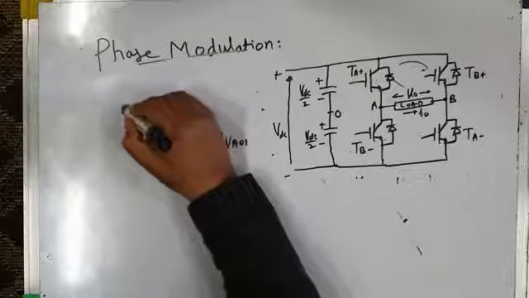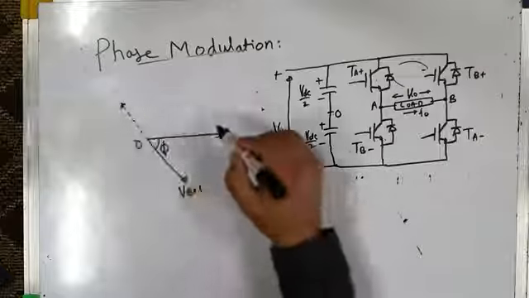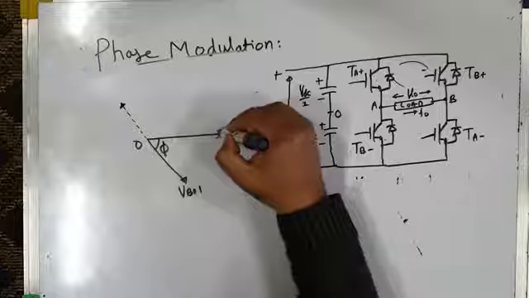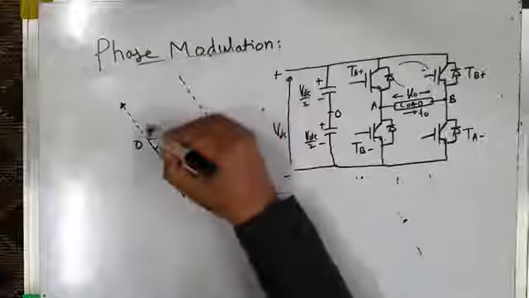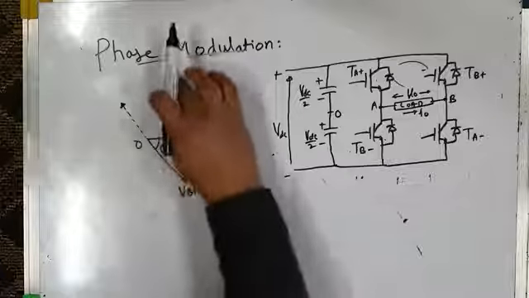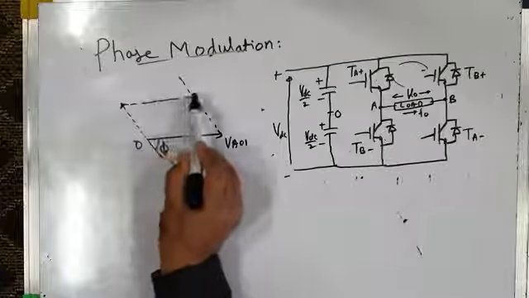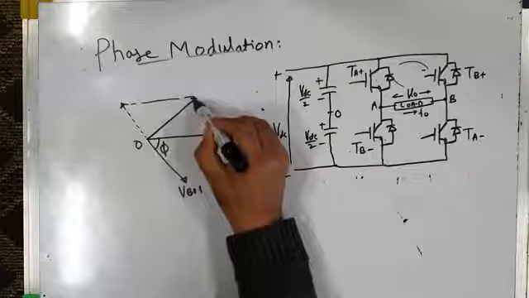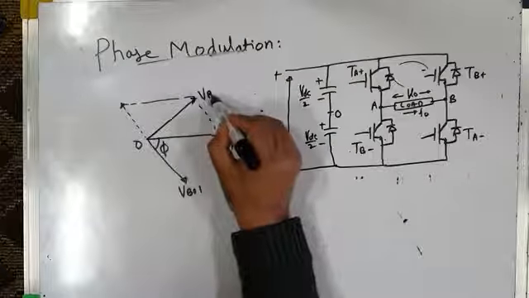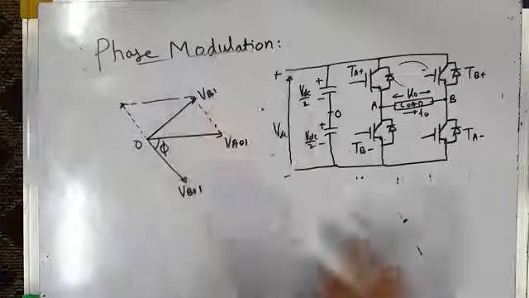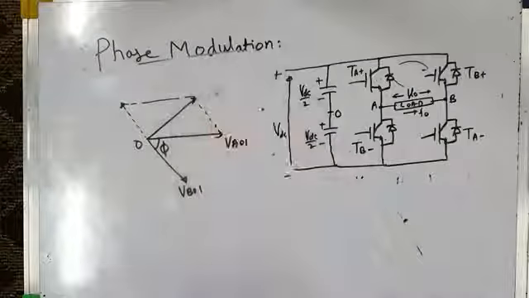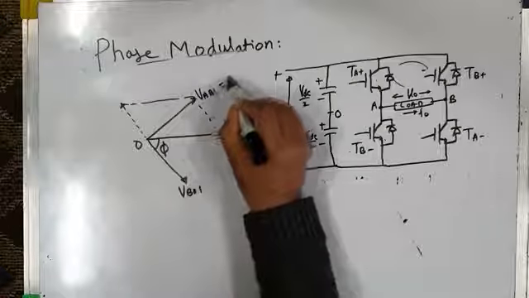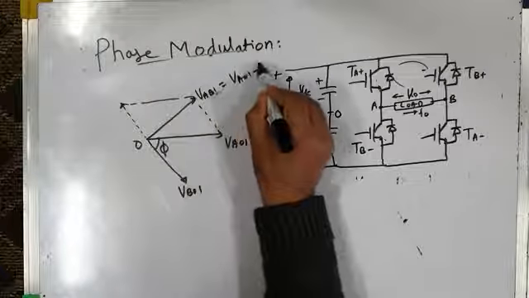So we can go for a phasor. This is VAB1, the fundamental component of load voltage, which is VAO1 minus VBO1.